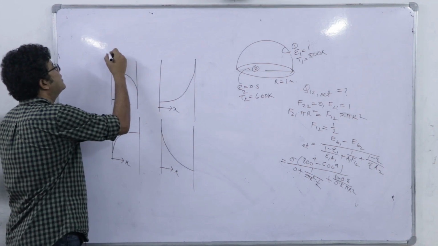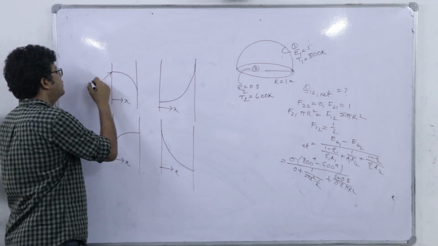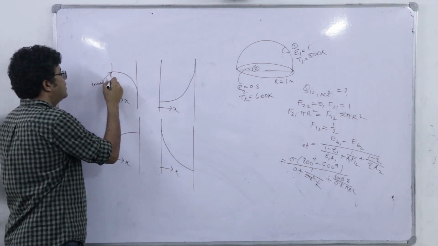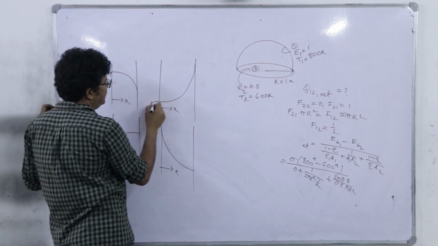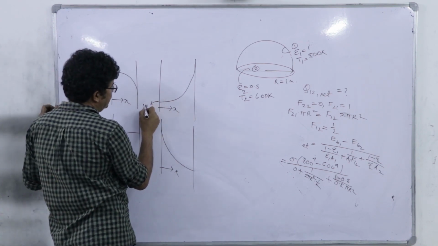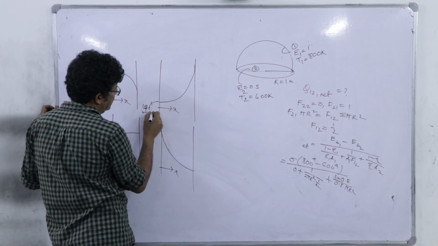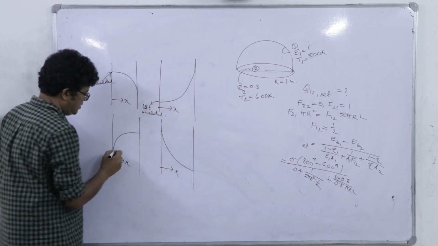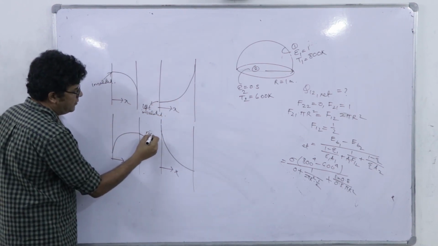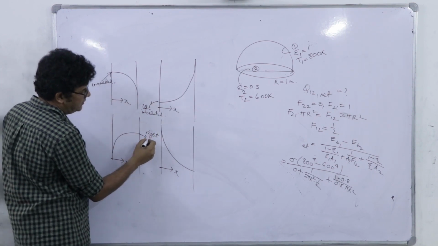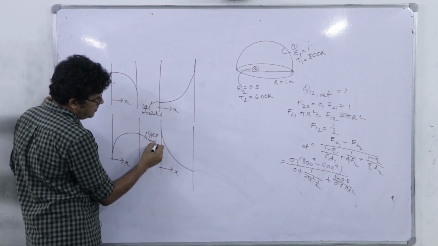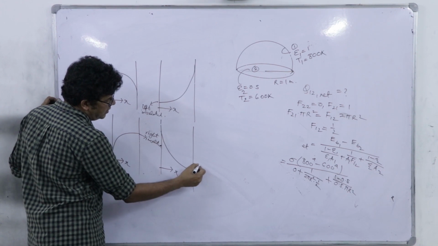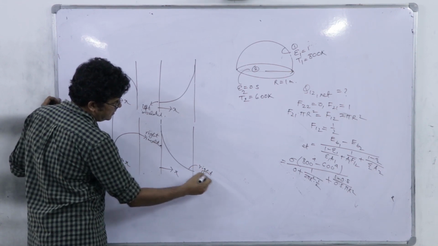So, here this is left insulated, here we have left insulated, right. Here it is right insulated, we can understand because dT/dx is 0, and here also right insulated.